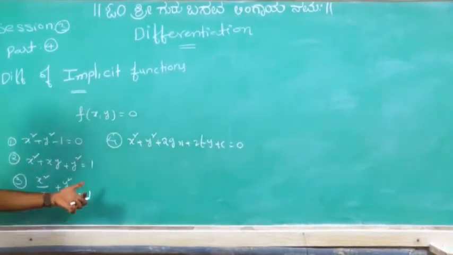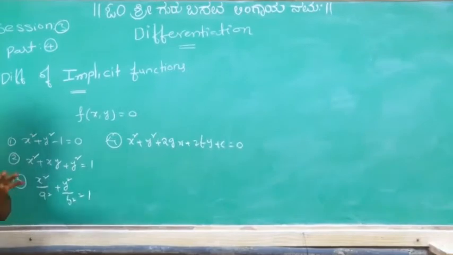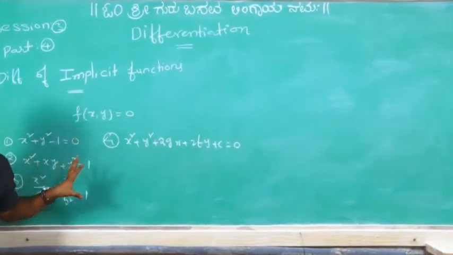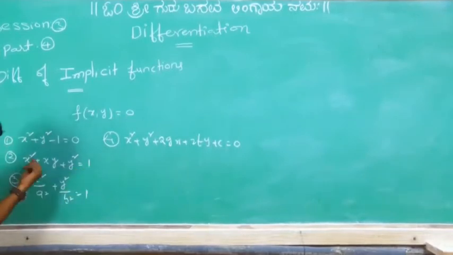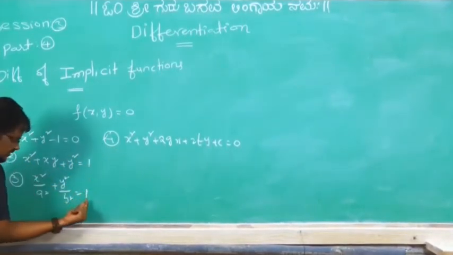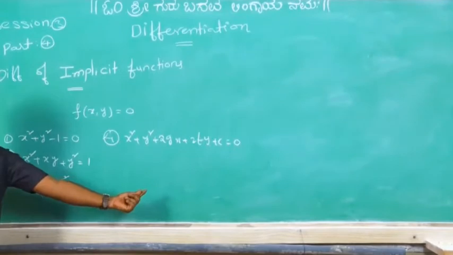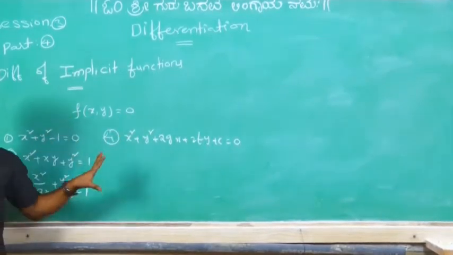All these are implicit functions, meaning functions involving two variables x and y equal to 0. Suppose equal to 1 is there, if you bring it to this side, minus 1 equal to 0.